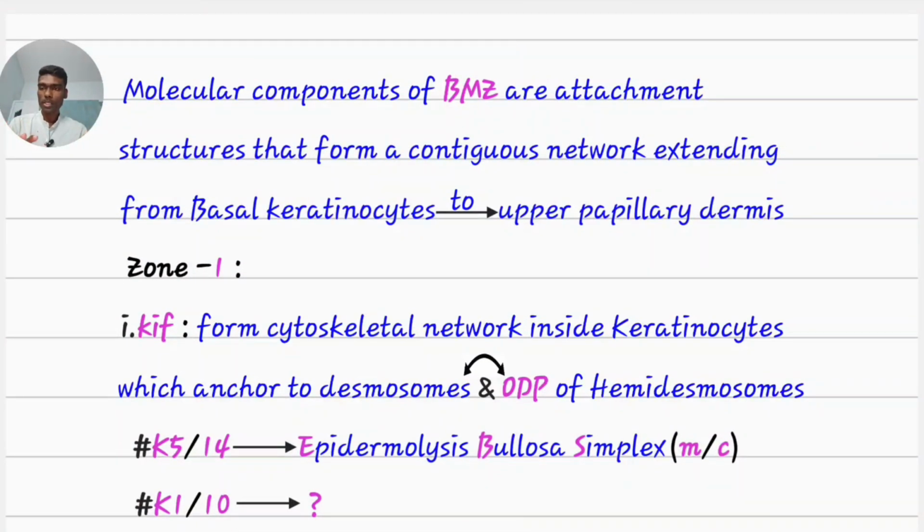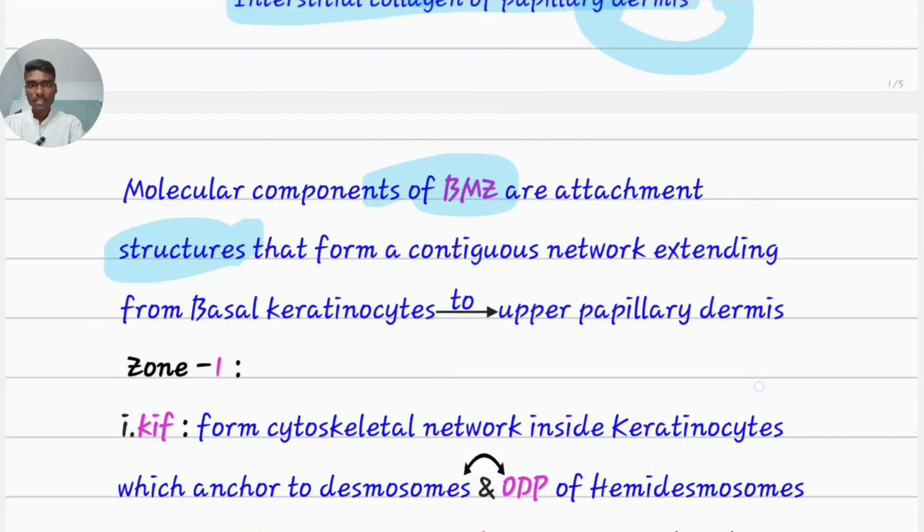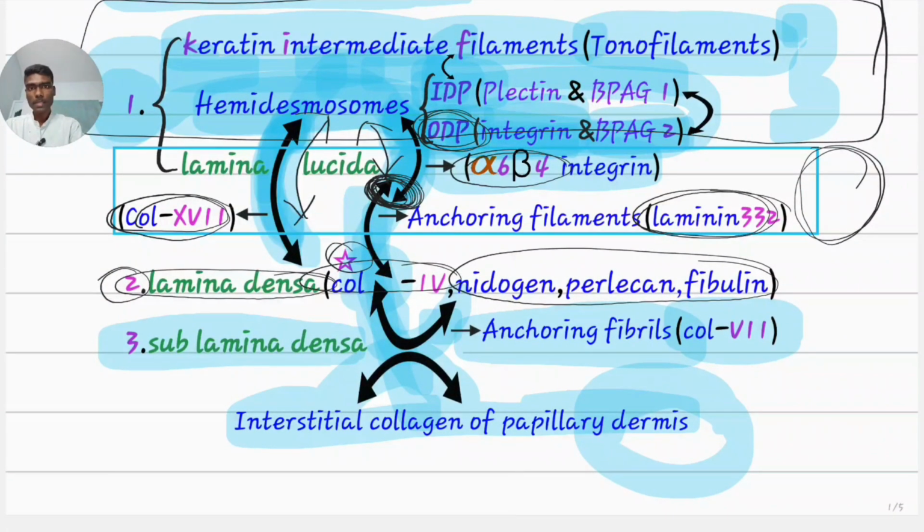Molecular components of basement membrane zone are attachment structures that form a contiguous network extending from basal keratinocytes towards upper papillary dermis. We can see here from basal keratinocyte, keratin intermediate filament, hemidesmosomes to papillary dermis. It is forming a contiguous network.